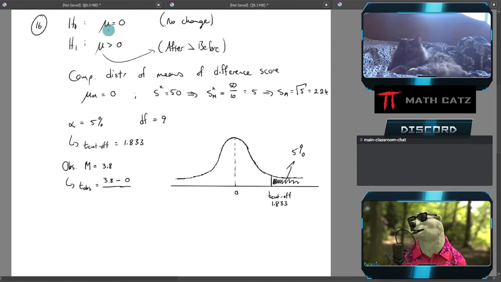Under the null hypothesis, the distribution mean is 0, meaning no change, over our approximate standard deviation for this comparison distribution of 2.24. Let's go to our calculator and calculate that. I don't have to type in the 0 there. 3.8 divided by 2.24. And we get, if I round that, 1.7.